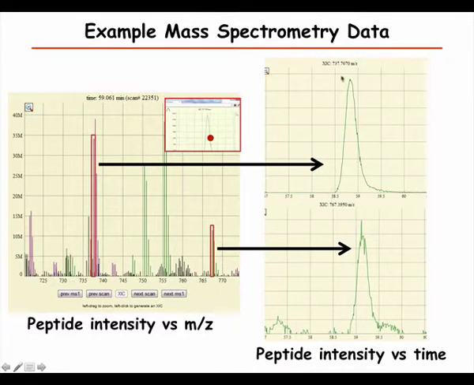This was our original peak, and this other peak that came out at the same time is slightly shifted in time. It doesn't go through the chromatography exactly the same way, but the two peaks overlap.